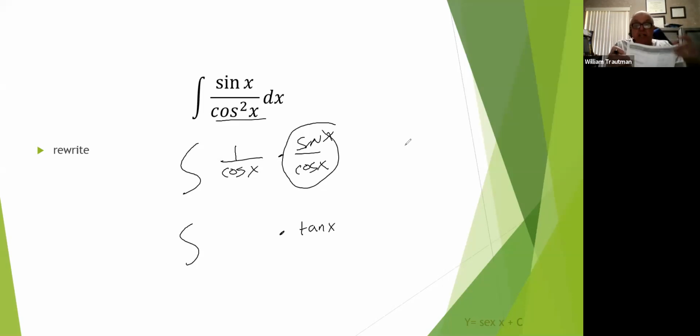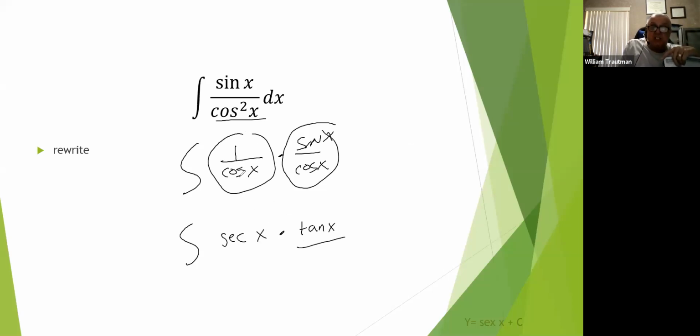And I'm looking at this sheet, the far right. I'm looking at the second one down. The second one down has a tangent x in it, but it has a secant. And 1 over cosine does equal secant x. Do you see? 1 over cosine does equal secant x.